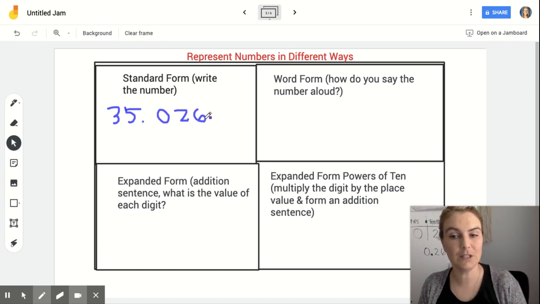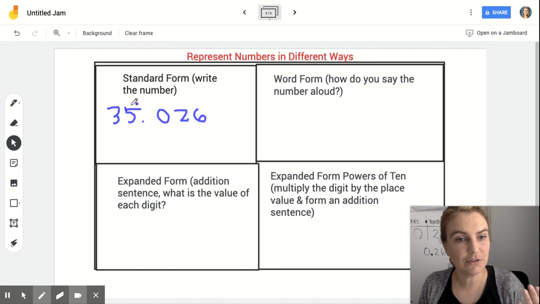That's how you say it fluently. And then how I write it out is 35.026. So go ahead and write out standard form and then write what it means. Write the number. And then write out this number, 35 and 26 thousandths. Okay, do you have that in your notes?